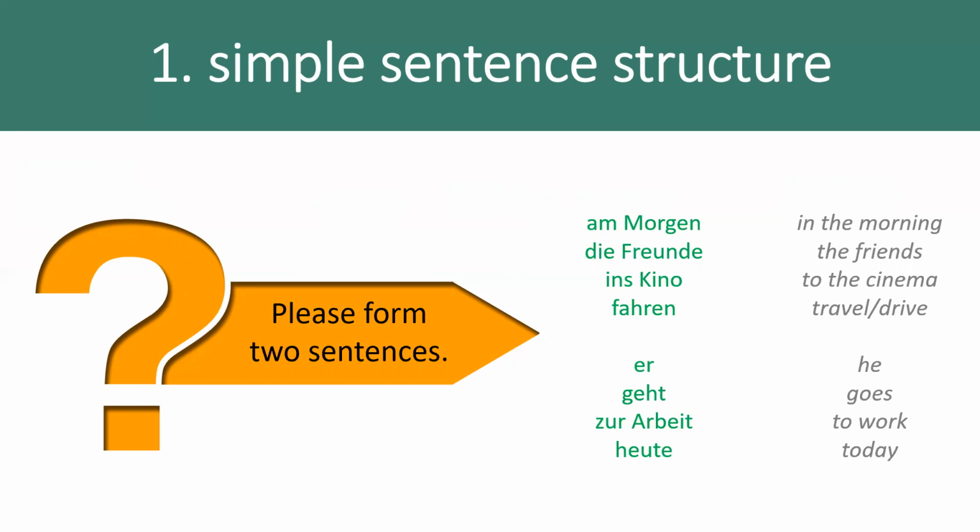Now, what I would like you to do is to write down these sentences. And as you can see, with both sentences, you can start the sentence with a subject or with the time expression. I would like you to write down both.